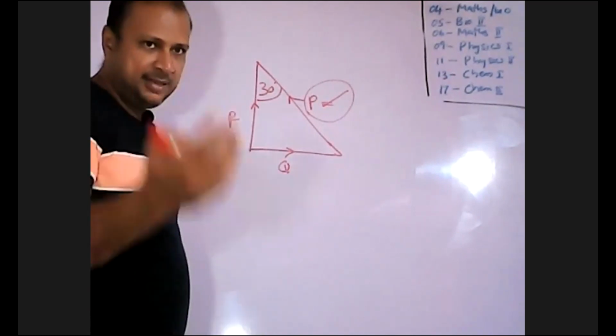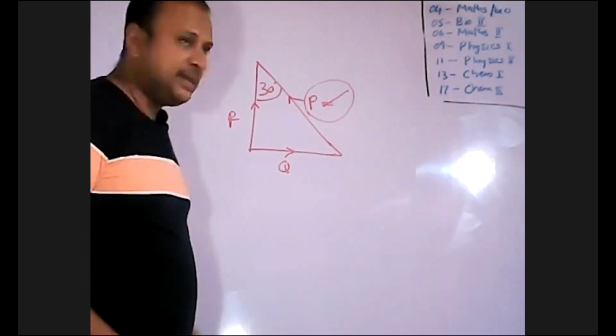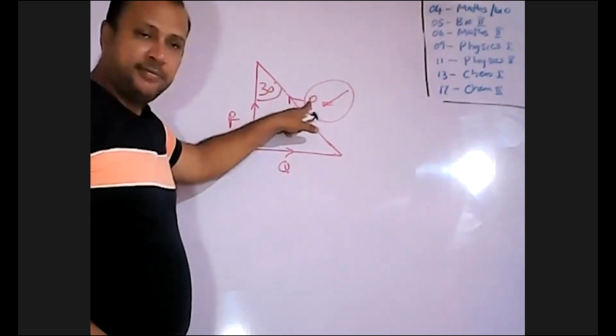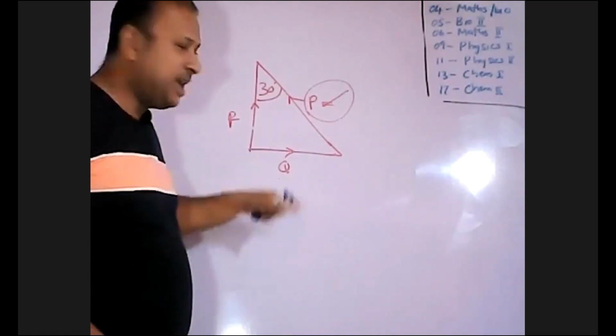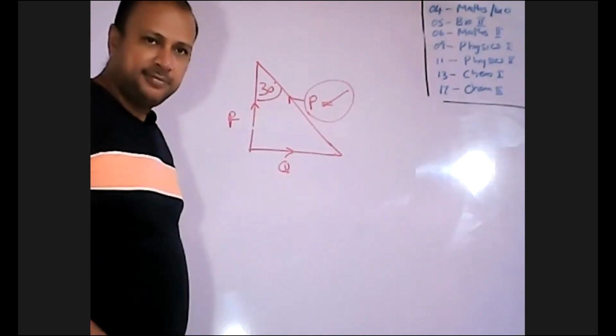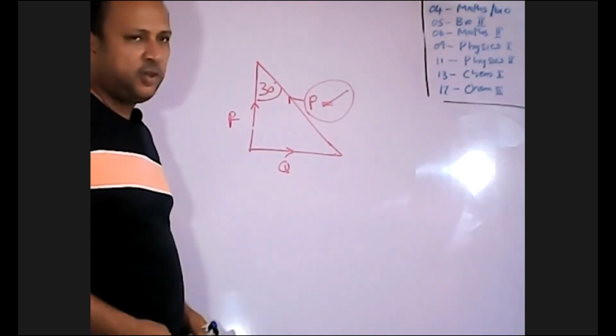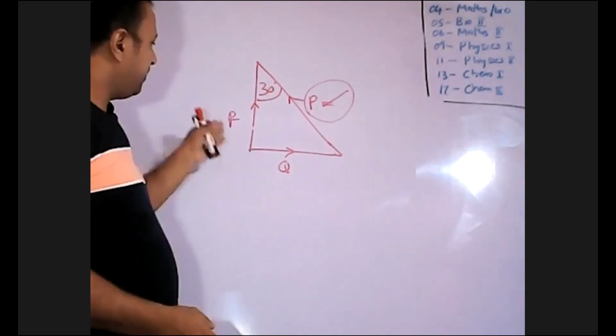As an example, sine 30 is equal to Q over P. I know sine 30 is equal to half and I know the value of P. So I can find the value of Q. Likewise, you will find the value of R.